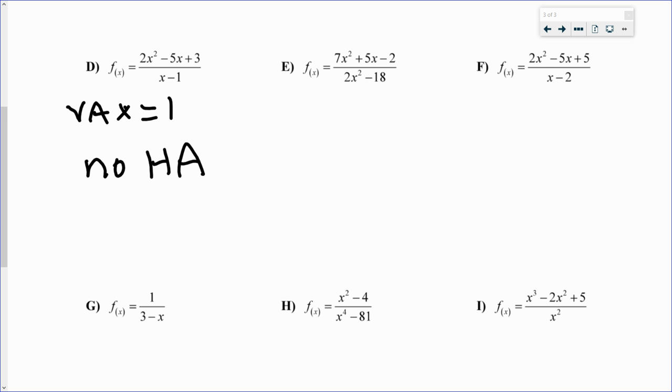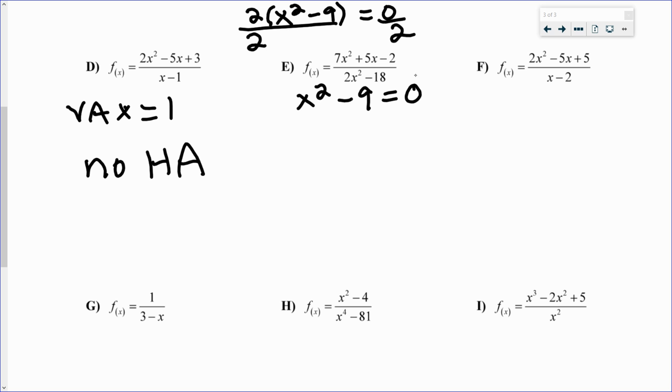In E, we do have to do some factoring. I would take out a 2. And then I would factor the difference of perfect squares. What I would really do here actually is divide by 2. That way I would just have x squared minus 9 equals 0, because 0 divided by 2 is still 0.